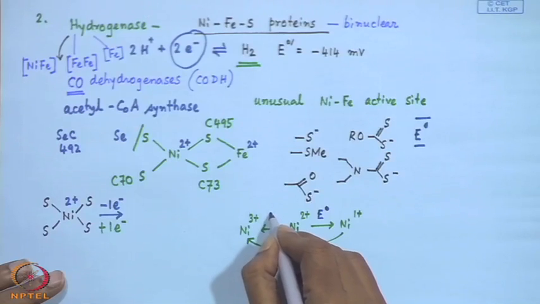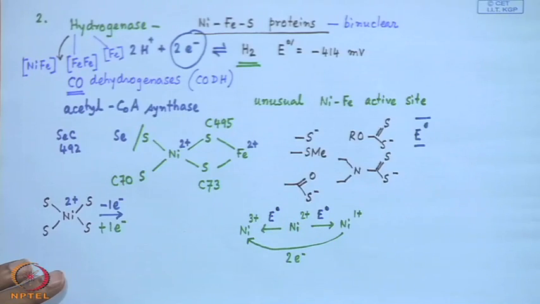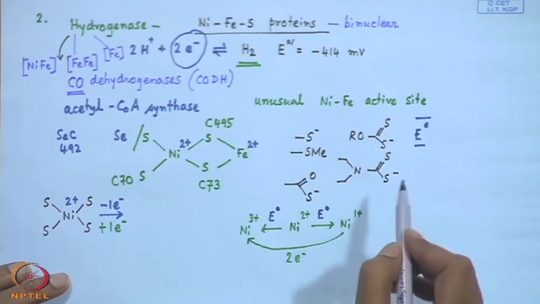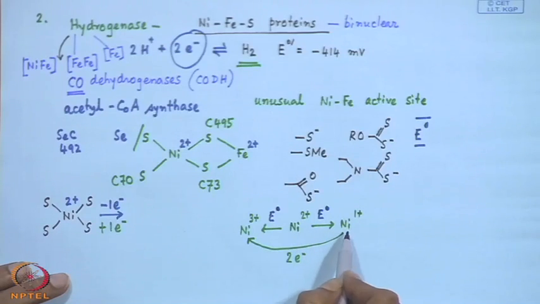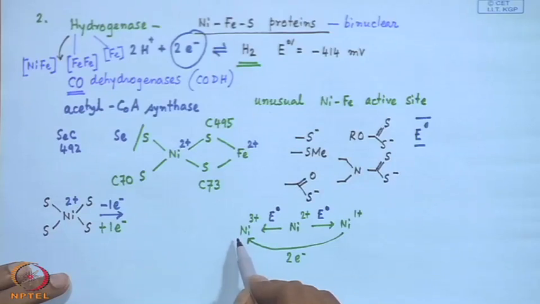So, you determine these E0 values. The knowledge of these E0 values will tell you how easily you can go from one oxidation state to another, how easily the other 2 oxidation states are accessible from bivalent nickel.